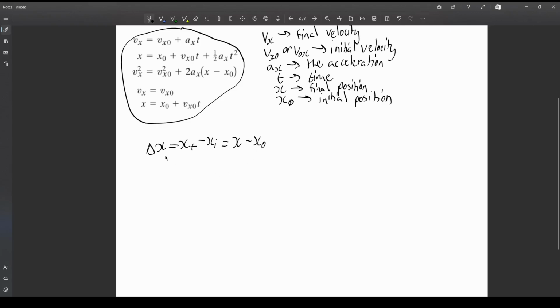Similarly, it'll exist for time, delta t, which is the final time minus the initial time. And one thing to note is when you're solving problems, a lot of the time, initial time is just equal to 0. So realistically, your delta t, a lot of the time, will just be t final.